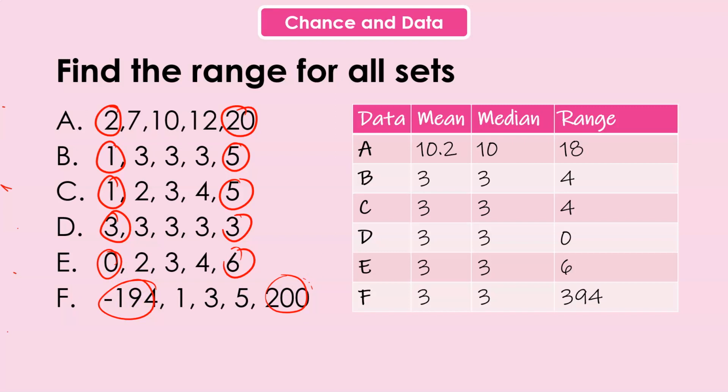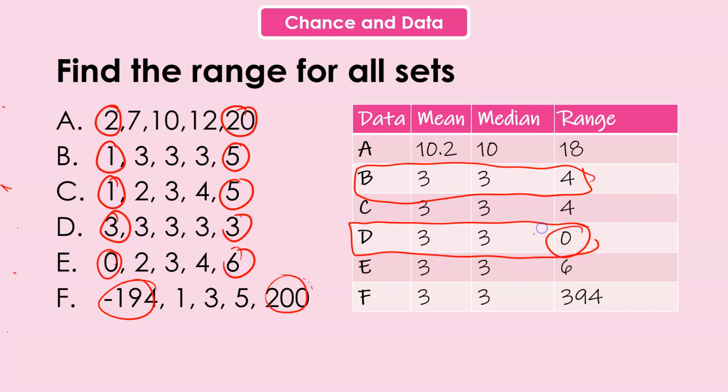So you can see now that once we've included the range, or the measure of spread, with our mean and median, we suddenly have statistically different data sets. The easy thing to say is that the least varied has the lowest range, and the most varied has the highest range.